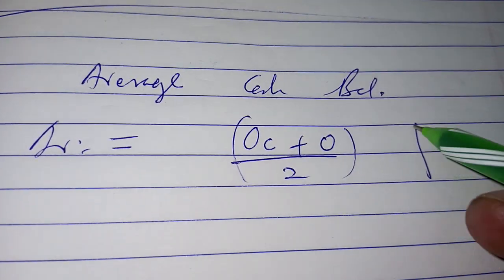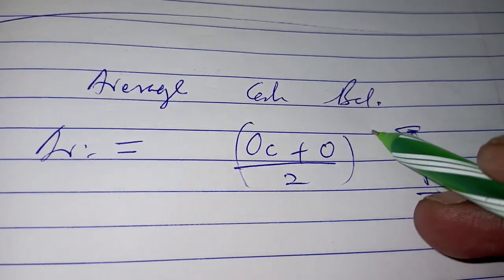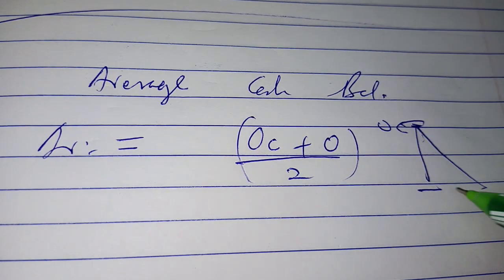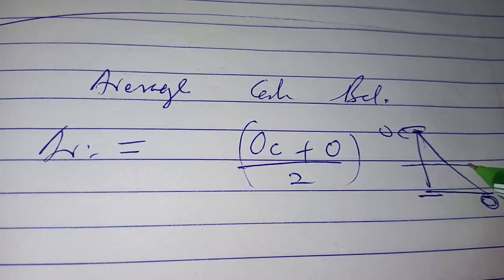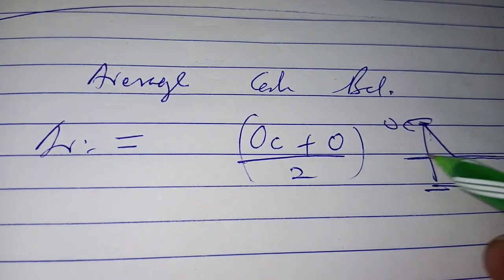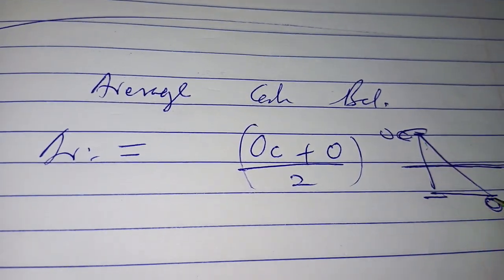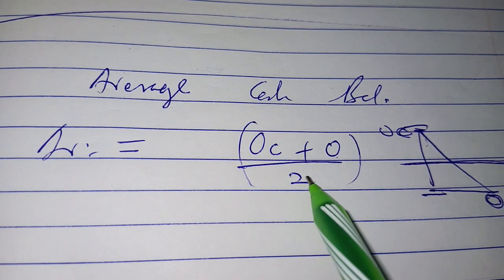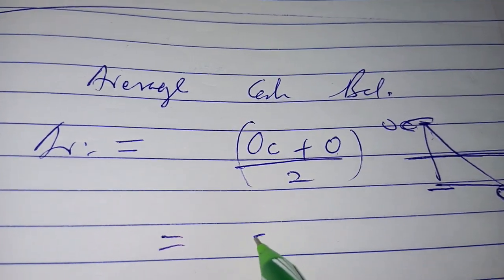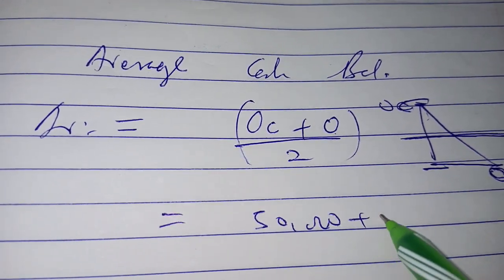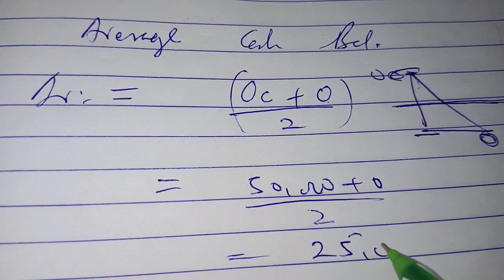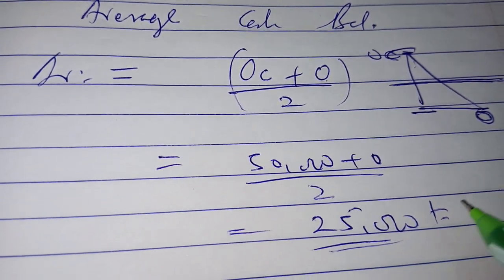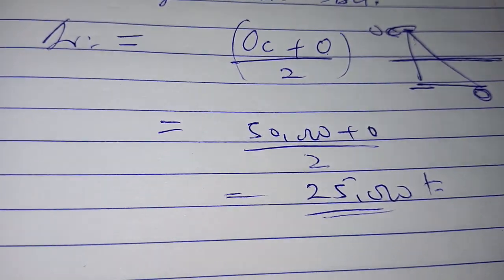If we are to draw a curve, we start with our OC here, then we spend this money until at some point we shall have 0. So we are looking for a point where we have the average, and the average is in between the OC and 0. So that's why we add 0 and divide by 2, and this gives me 50,000 plus 0 divided by 2, which gives me 25,000 shillings only. That's the average cash balance.